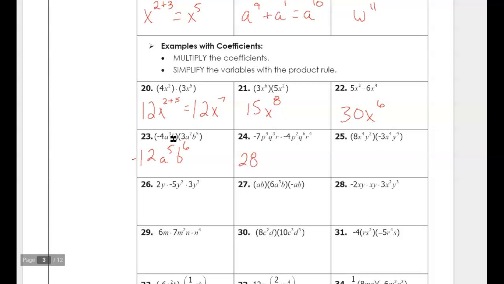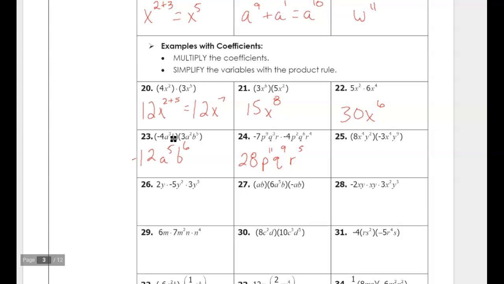P to the 9th and p to the 2nd is p to the 11th. And then q to the 3rd and 6 is q to the 9th. And then my r's become r to the 5th because I have 1 plus 4. You'll notice that typically we want to try to stay in alphabetical order whenever possible. You'll see that it was a consistent pattern throughout this chapter.